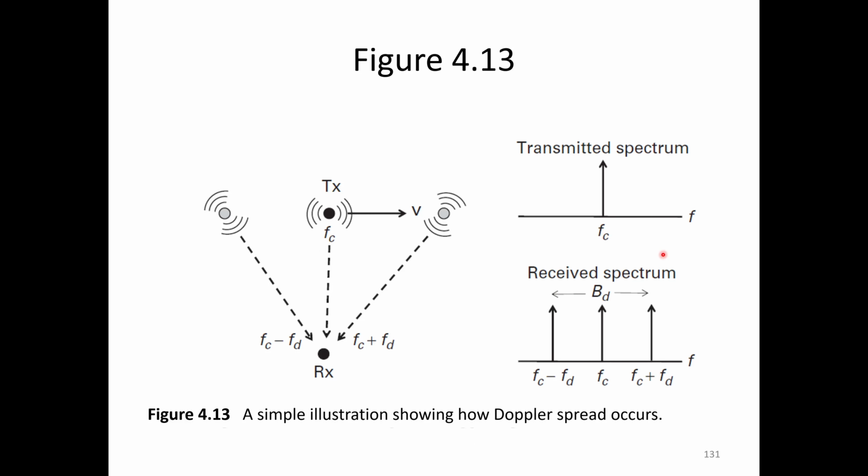But the received spectrum has three delta functions located at frequencies Fc minus Fd, Fc, and Fc plus Fd. So this is the BD, that is the Doppler spread.